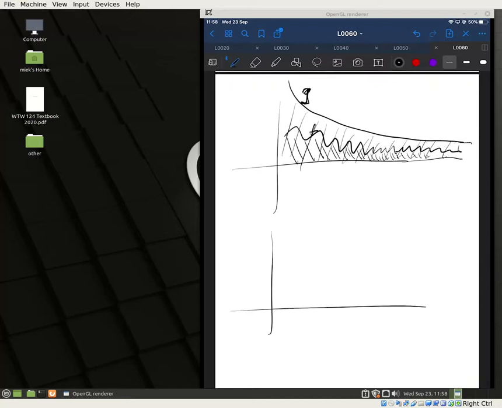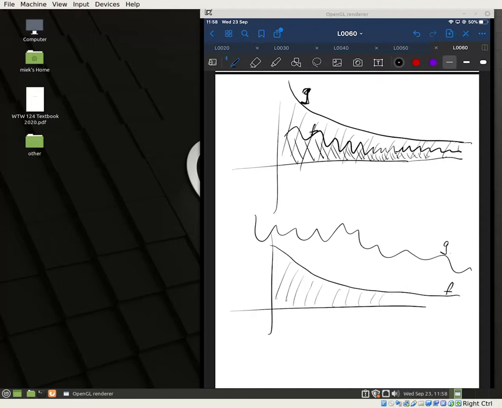On the other hand, if you have some rather complicated function g, and you can compare it to a much simpler function f, and you know that the integral of f up to infinity diverges, so there is an infinite amount of area below the graph of f, then we also know that there is an infinite amount of area below the graph of g, and therefore the integral of g will diverge.